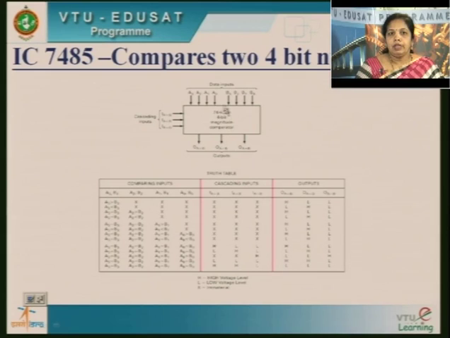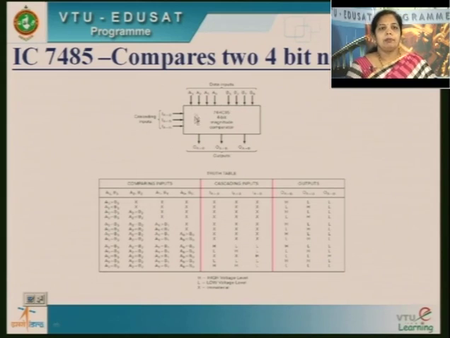We are going to compare each bit, whether A3 is greater than B3, A3 is less than B3, A3 is equal to B3. Similarly I compare each bit with all 3 expressions, that is greater than, less than and equal to.